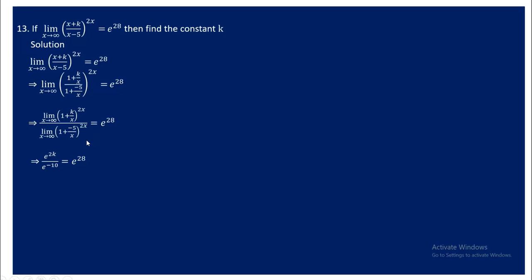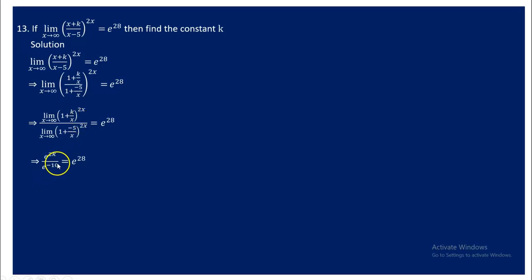So you will get this to be like this. Look, this is e to the power of 2k, because as I said, you are having k here. Because of the presence of k there, you are having e to the power of k. Due to the presence of 2 here, you are having e to the power of 2k, students. And when you come to this, as I said earlier, this is e to the power of negative 5, but outside you have 2, so e to the power of minus 10 altogether.